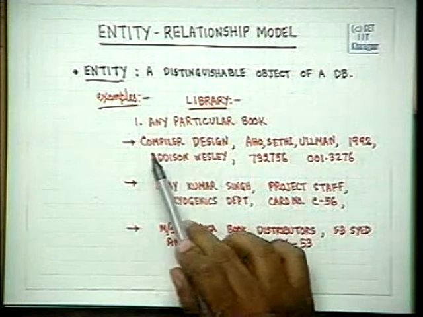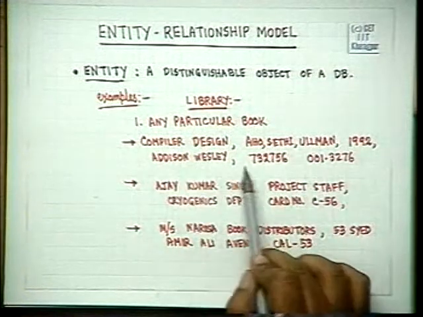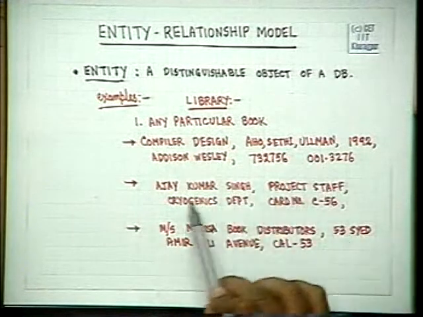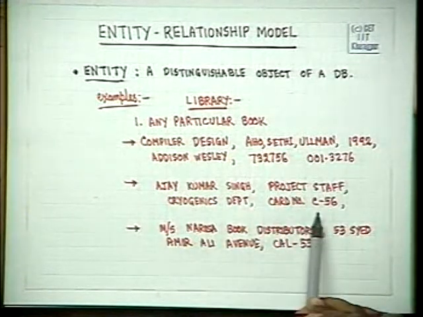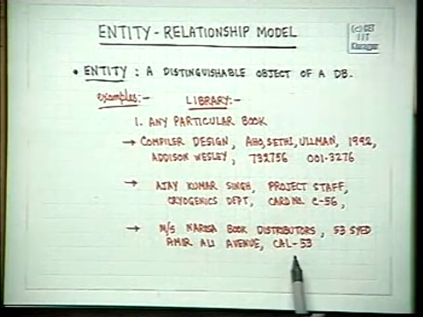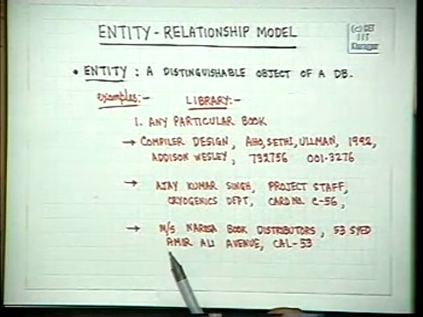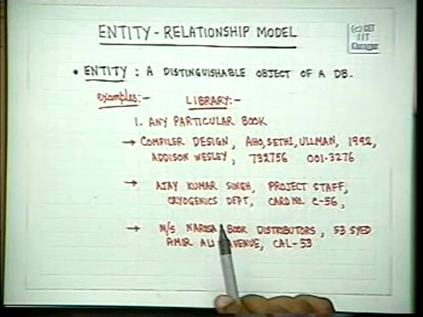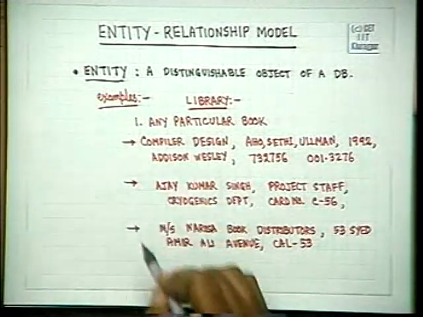Now there may be many entities having the same structure as a book, many entities having the same structure as a person, and many entities having the same structure as a supplier. Therefore, all those entities which have the same structure or are of the same type form what is called an entity set.